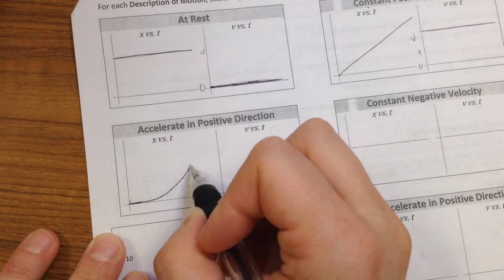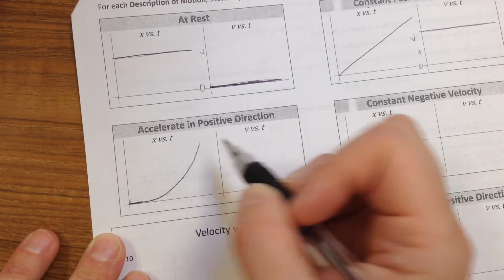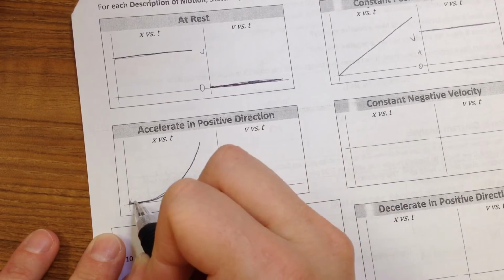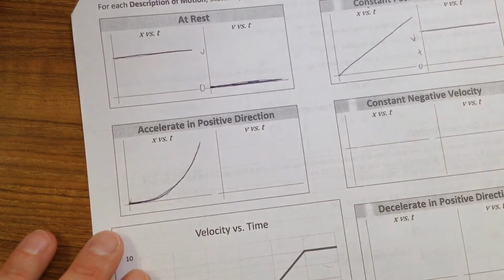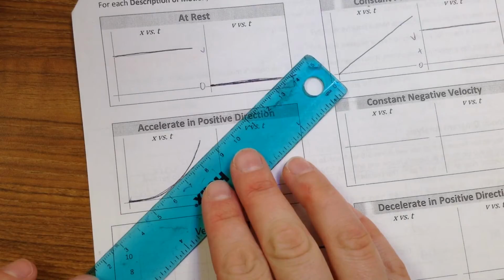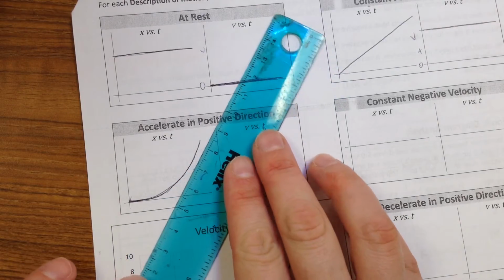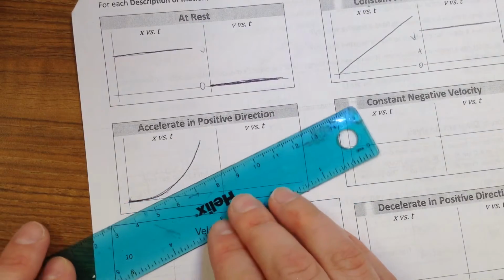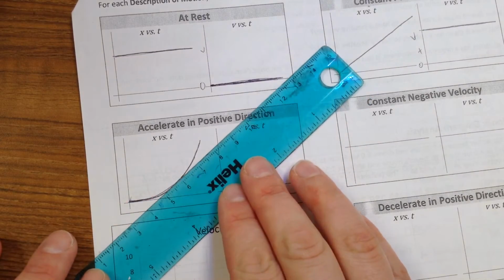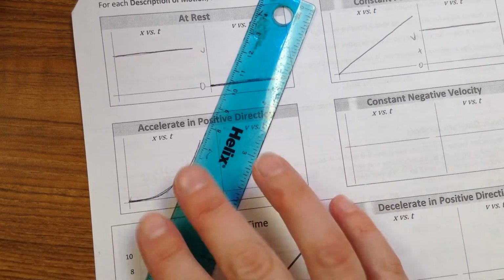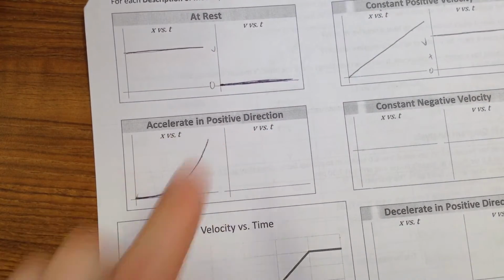It's curved like so. If you look at this carefully and look at the tangent lines anywhere along that, that's always a positive slope. Starting at rest, slow positive, medium positive, fast positive, very fast positive, super fast positive. So accelerating in the positive direction.